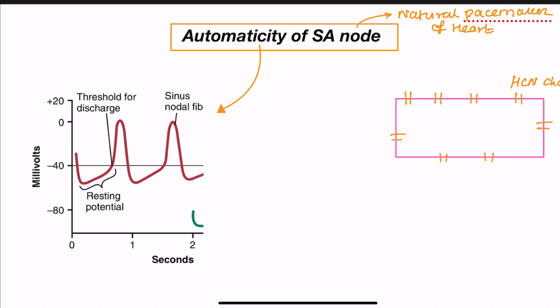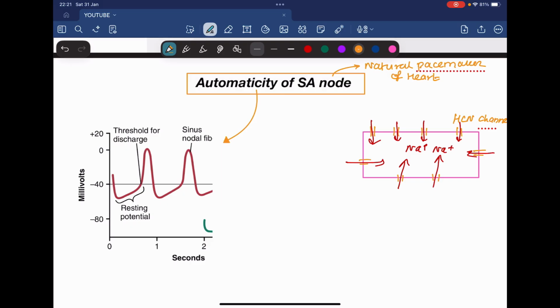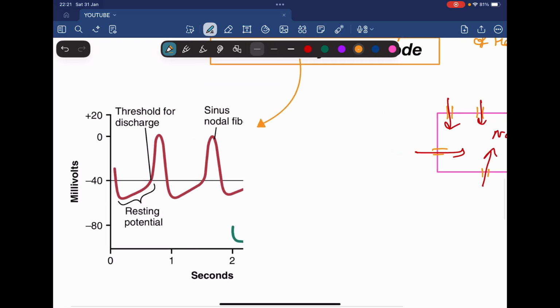Whenever there is hyperpolarization, these channels will open and there will be sodium influx. Sodium will accumulate within SA node. Accumulation of positive charge will obviously depolarize the SA node. Okay, let's understand this from the graph itself, and then we will list the points step by step.